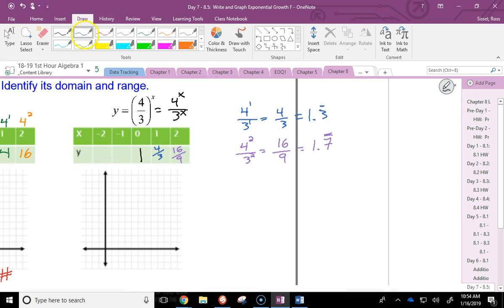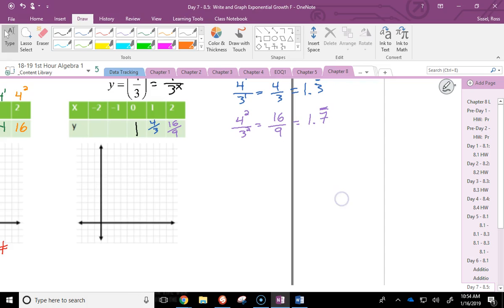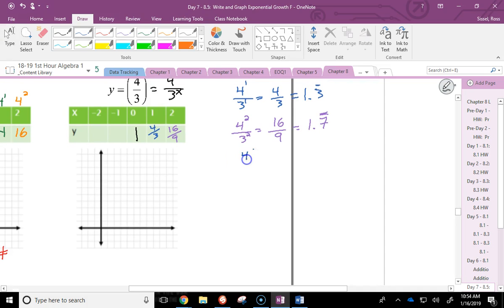When I go this way to the negative 1, well, remember, if I have 4 to the negative 1 and 3 to the negative 1, we know the negative exponents means to flip them. So now I have 3/4, or 3 to the first power over 4, so it's 3/4, and that's like 0.75.